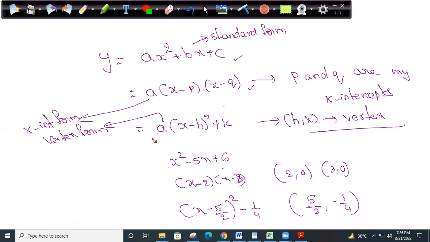So these are the three major forms. Please do remember, in the exam many students fail to solve this question in SAT, even though it is a very simple question, because they don't know that you can represent a standard form in different ways.